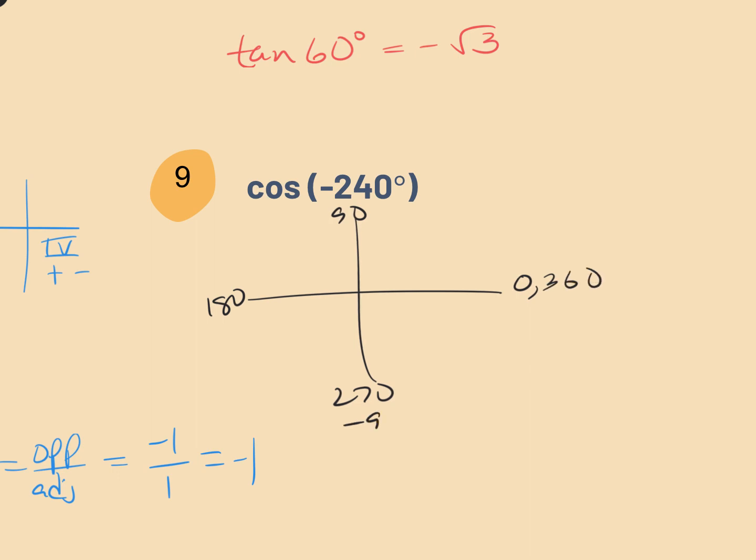Now also remember this is negative 90, negative 180, negative 270 as well. So if I start here on my initial side, I go negative 90, negative 180, and then I need to go 60 degrees more to get my 240 degree angle. So this is a negative 240.